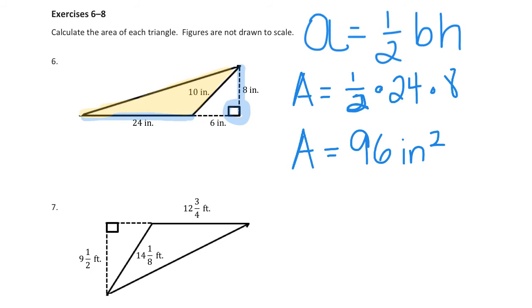Okay, look at the next one. I want you to identify what two numbers you're going to use for your base and your height. While you're doing that, I'm shading in the actual triangle to help you figure out where they are. So I'm going to use this as my base and this as my height. Area equals 1/2 base times height.